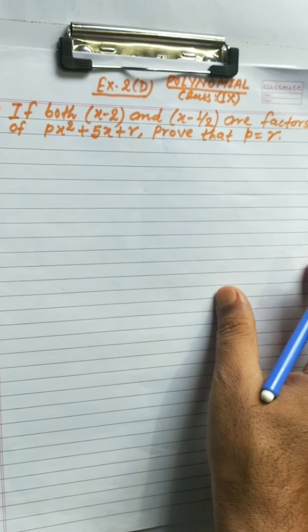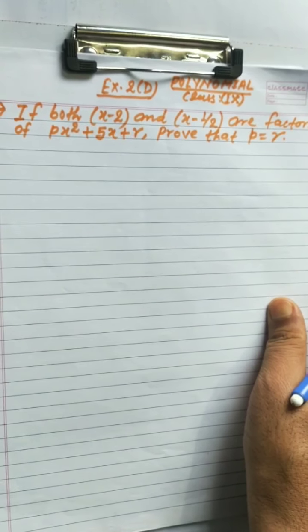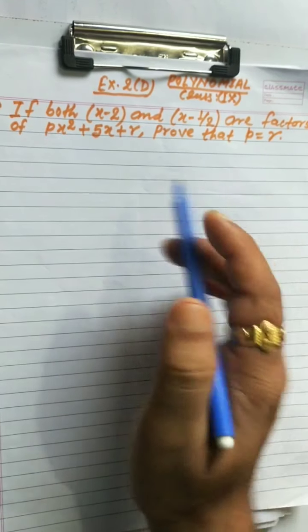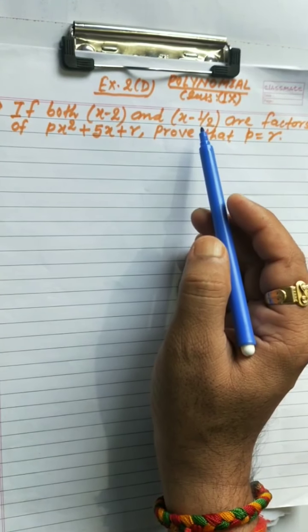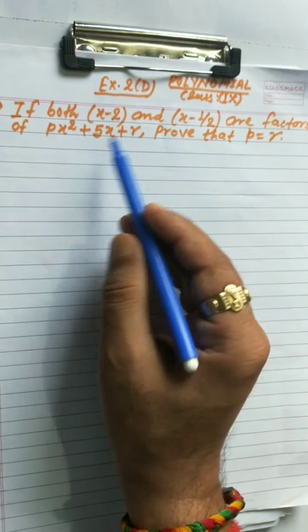You have to prove that if x minus 2 and x minus 1 by 2 both are factors of this polynomial.